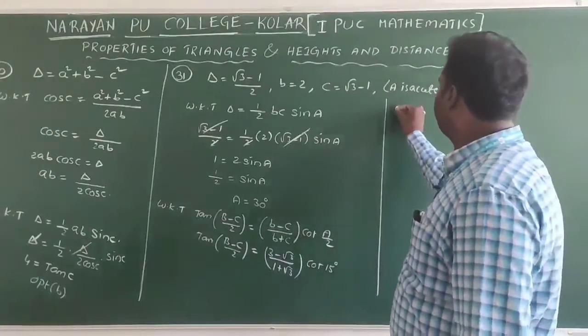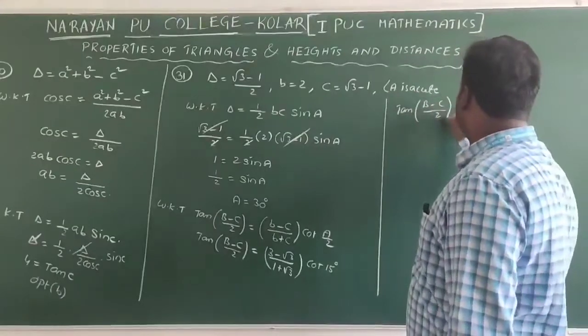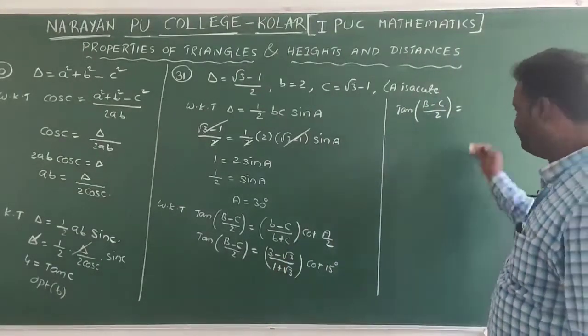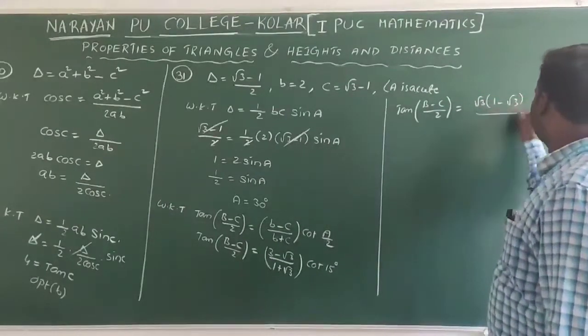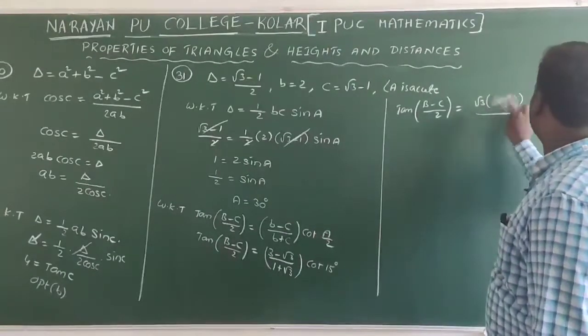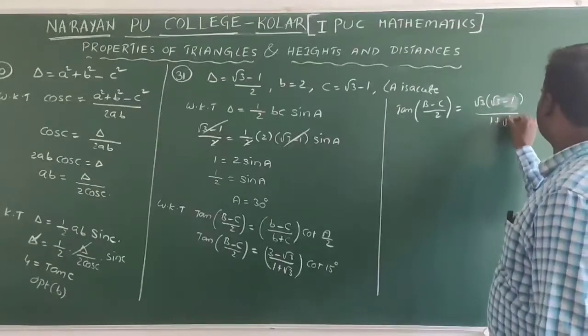I am writing tan of (B minus C) by 2 is equal to, in the numerator I can take root 3 common, root 3 times (1 minus root 3), so root 3 minus 1, sorry, root 3 minus 1 by denominator 1 plus root 3.